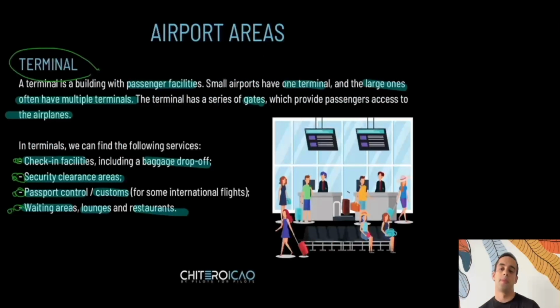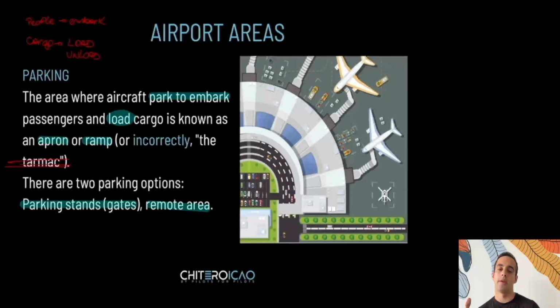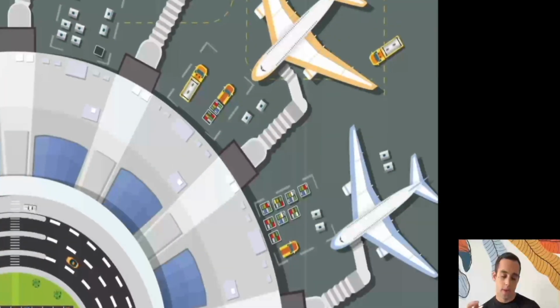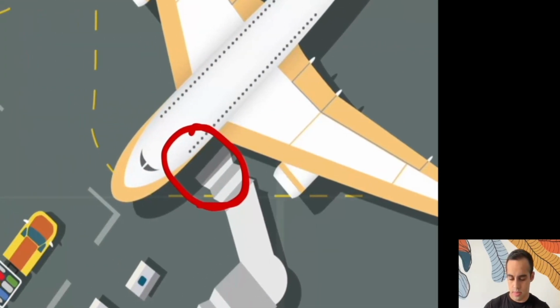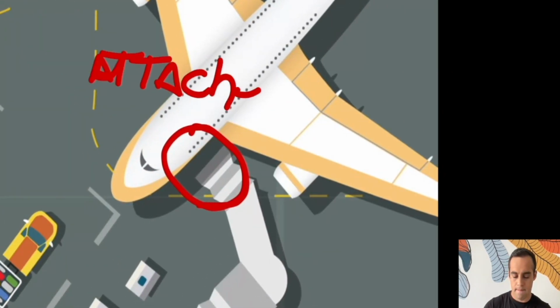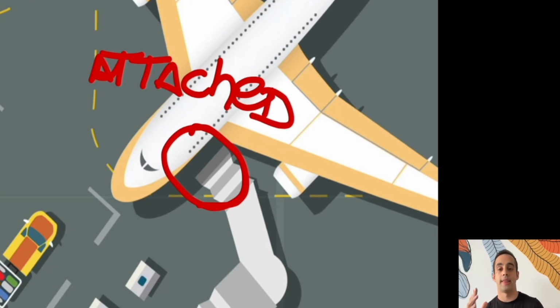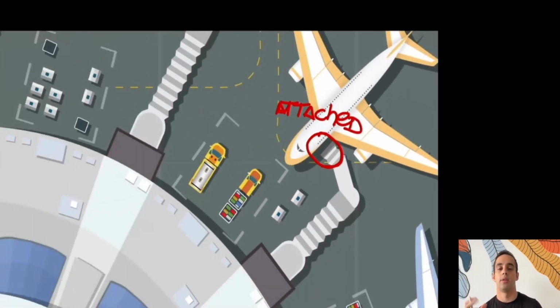So we talked about the terminal, the embarking area, the parking area. We can have the aircraft attached to the gate, all right?